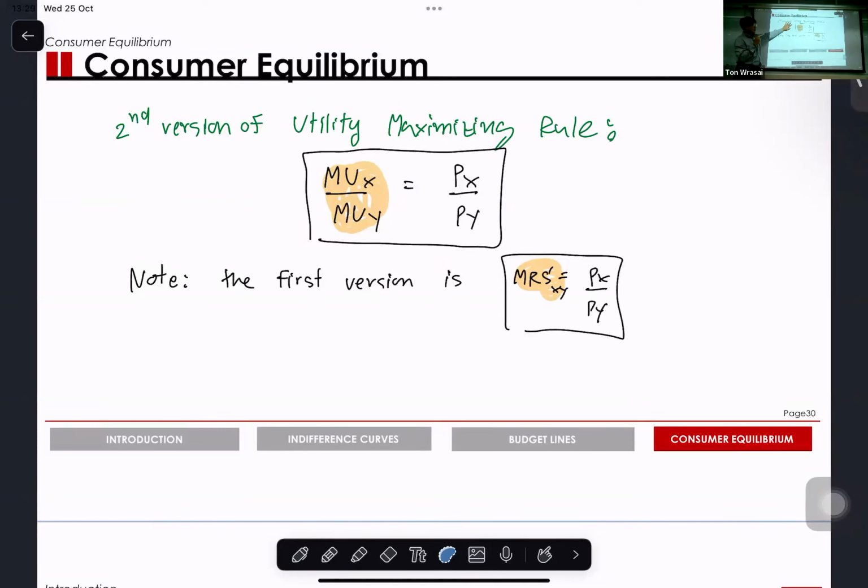Today, we first take a look at the second version of the utility maximizing rule. The original version is MRS equal to price ratio, which we just observed. Now, the second version is this.